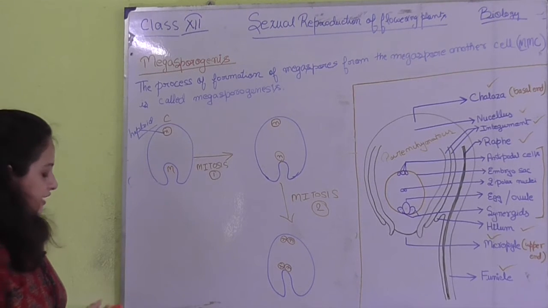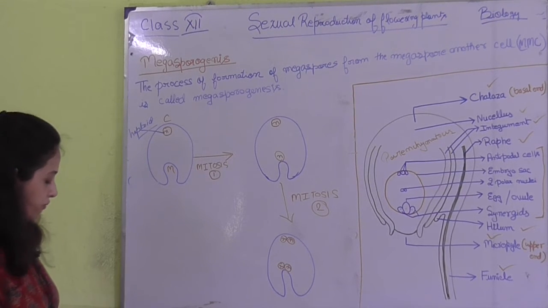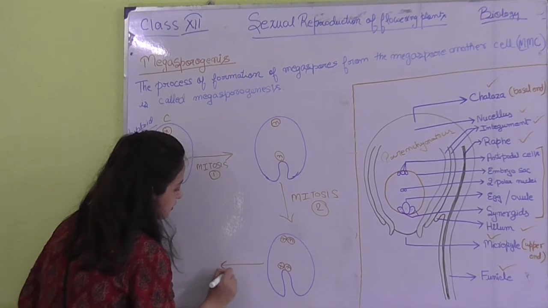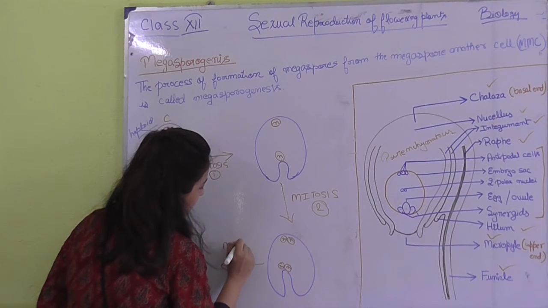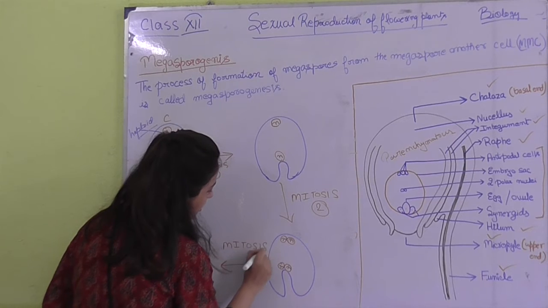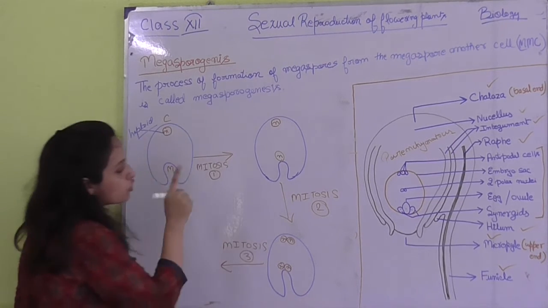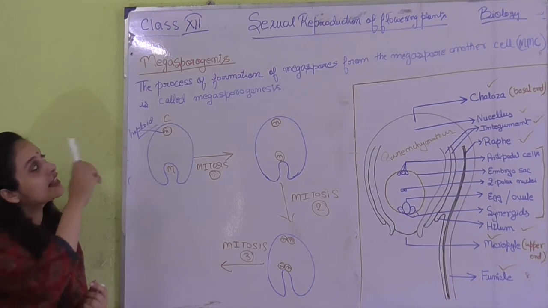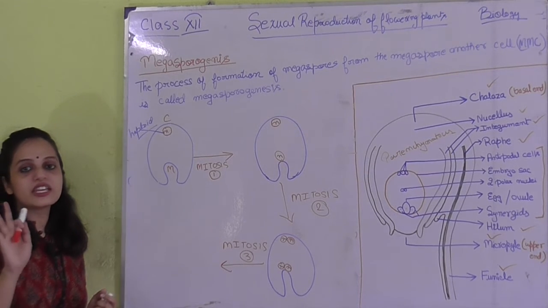After this it will perform the third and last mitosis. That is mitosis number 3. So how many total mitoses are performed in this megasporogenesis? 3.